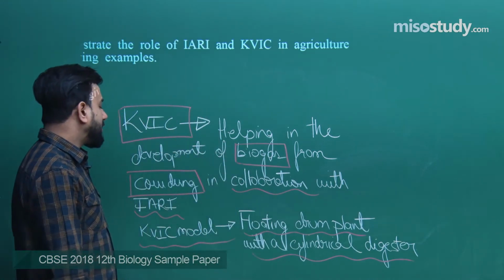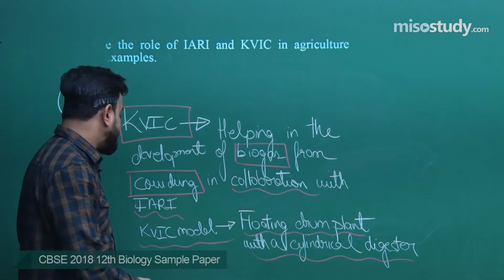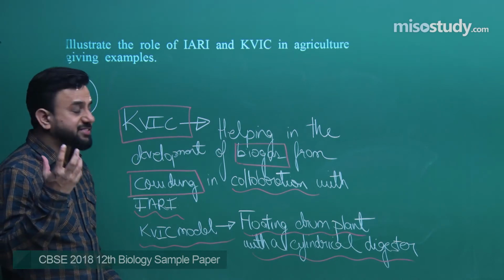Right? So floating drum plant with a cylindrical digester, this is a KVIC model.